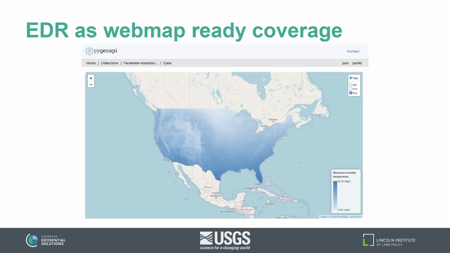So this is the USGS PRISM model. So you can represent various types of data, raster, time series, through EDR. So similarly, just by querying the bounding box of the United States, I'm able to get a map of raster data that is tied to specific information.